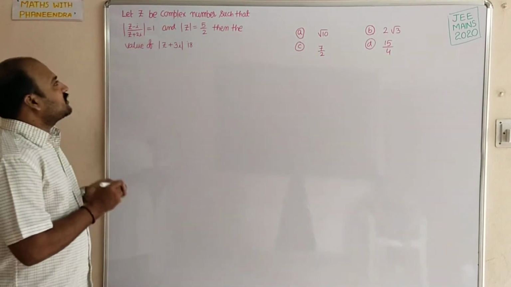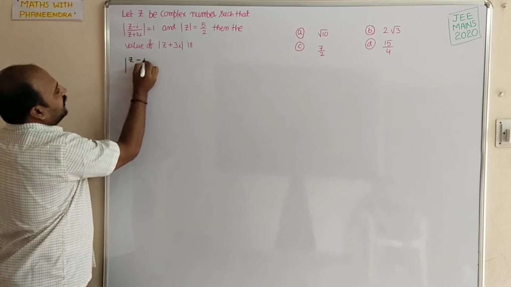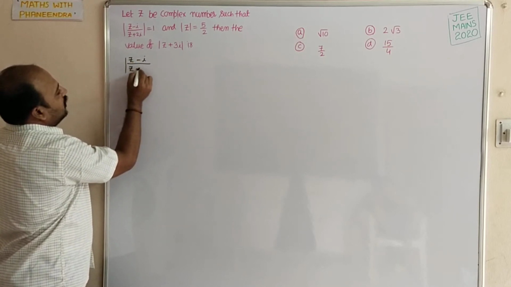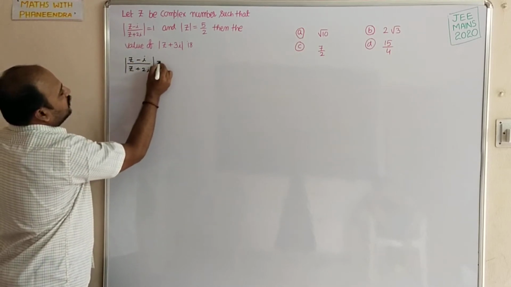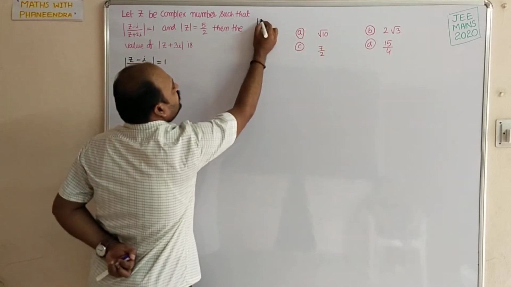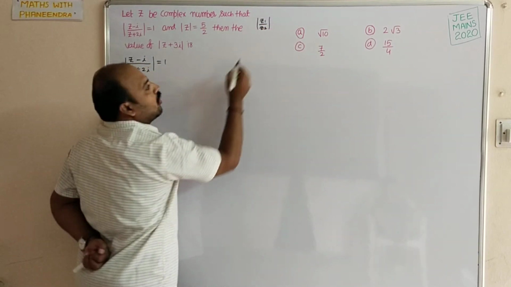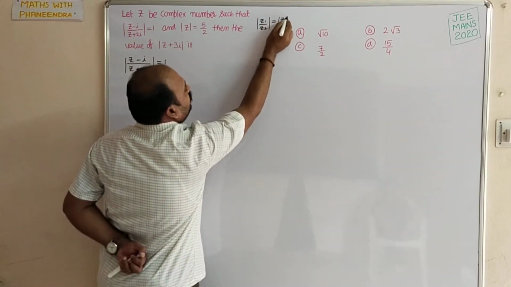So let us take the first condition. Mod of (z minus i) by (z plus 2i) is equal to 1. We know the property mod z1 by z2 is equal to mod z1 by mod z2.